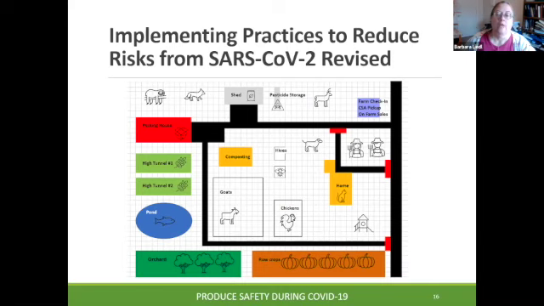If you have on-farm sales, those could be moved up to the front so that you keep people from coming in on the rest of the farm. So it is less of a problem. Just a couple of ideas for how you could make some of those changes so that there's less risk to you and your entire staff, as well as your entire operation, from people coming in.